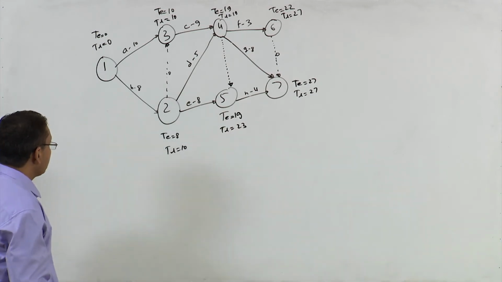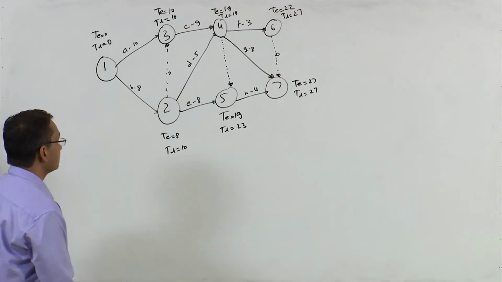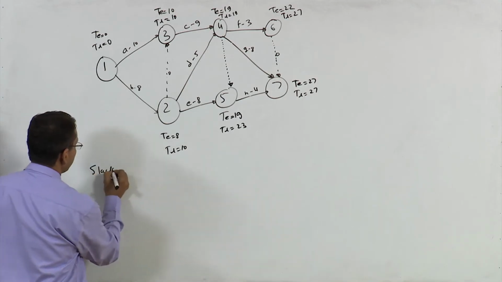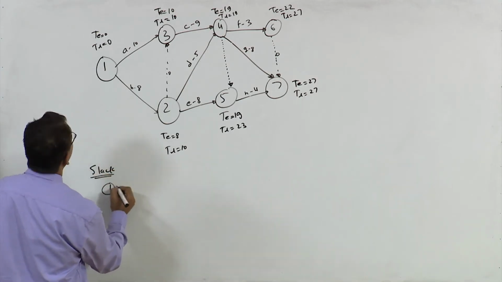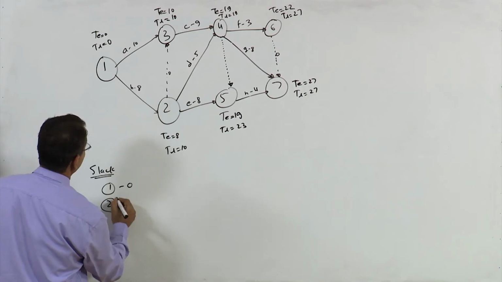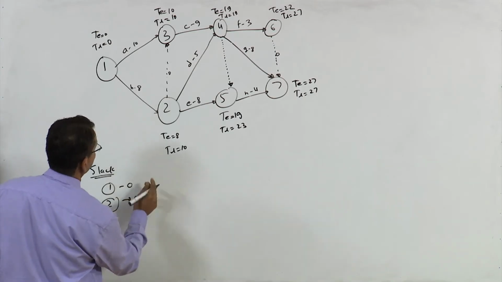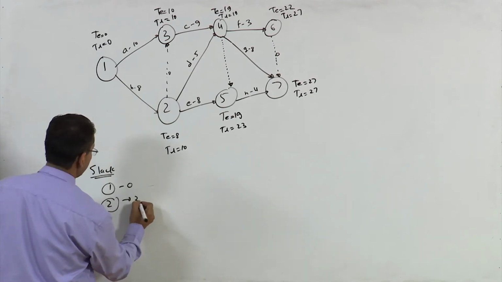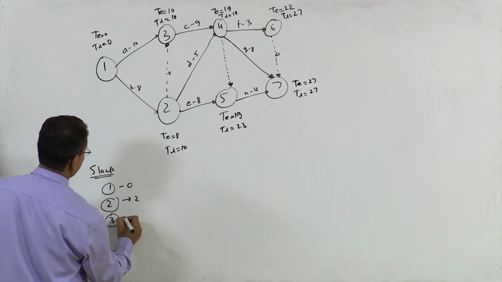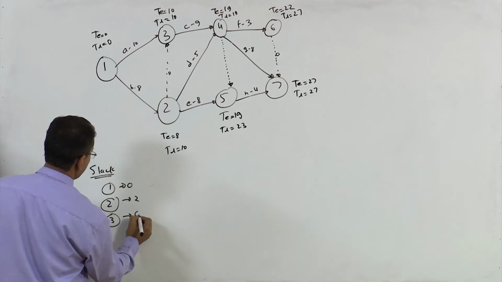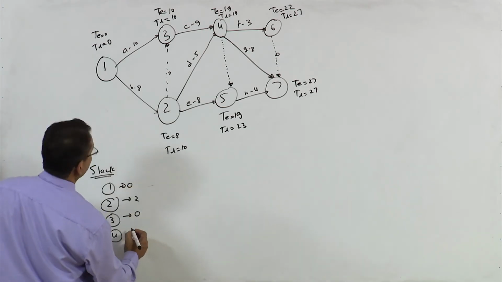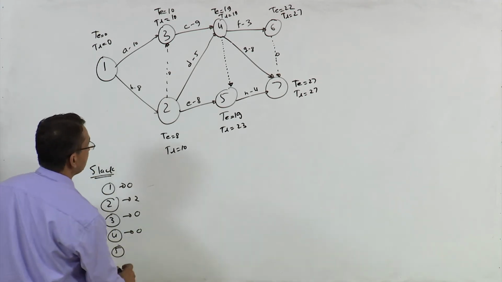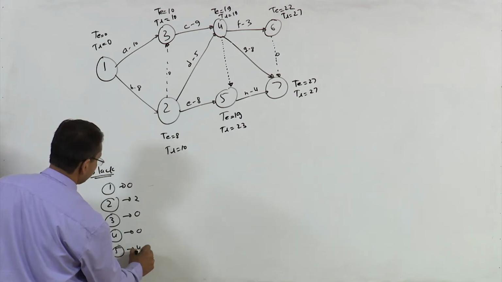So now let us calculate all these floats, right? First of all select all these nodes. At first node it is 0, second node 0, no, it's not 0, it is 2, right? At node 2 it is TL minus TE is 2, right? At third node 0, fourth node 0, fifth node it is 4, right?